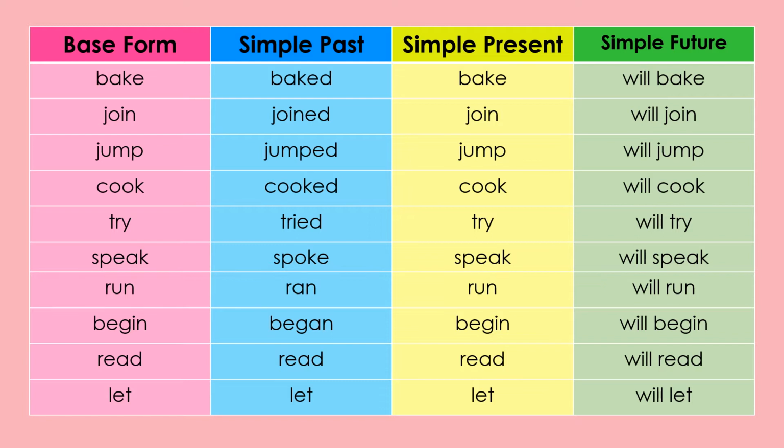And for the simple future tense, we just add will to the base form of the verb. There are verbs that change their spelling when we form the simple past. And there are also verbs that remain the same for the simple past and simple present tense. We will further discuss this later on for you to be able to understand it clearly.